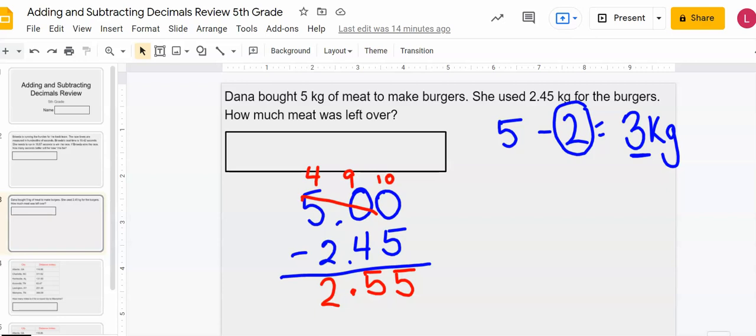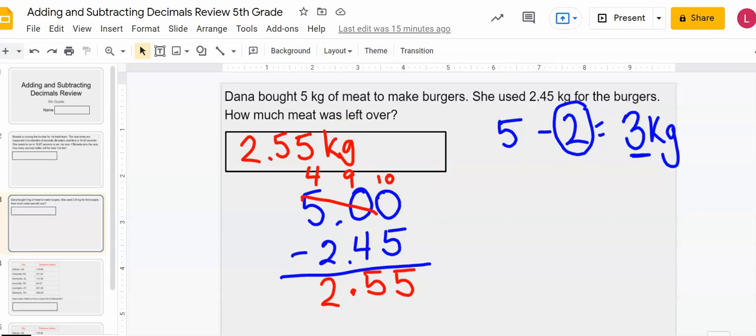So I now have left over 2 and 55 hundredths kilograms. So let's look back at our estimate. We said that we were going to take away more than that, so I would have less than that. So that's about where I would expect that to be. Okay, great job on that one.